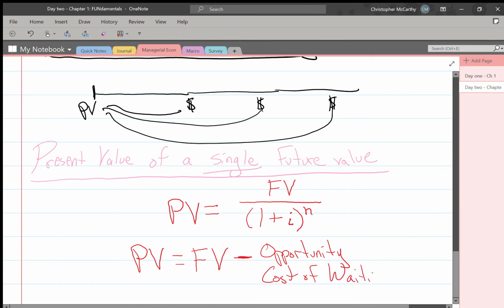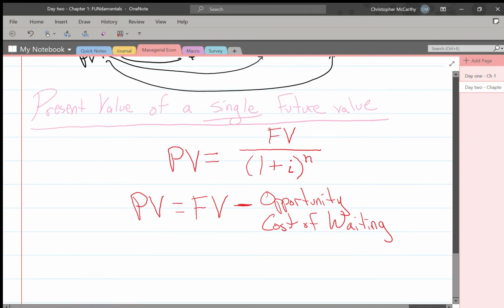So that might be the foregone interest, that might be the foregone enjoyment, there might be a risk that you could loan Dr. McCarthy $500 and he could just quit and disappear, right? So there's an opportunity cost that you need to integrate into these calculations.